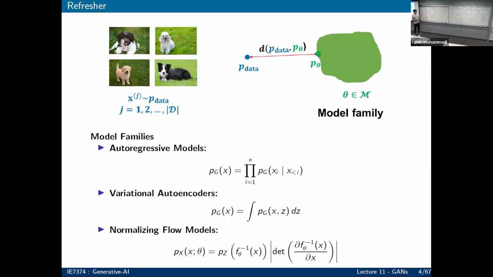And what we did in normalizing flow was use a change of variable formula that says the probability of X comes from the probability of Z times the determinant of Z with respect to X inverse.